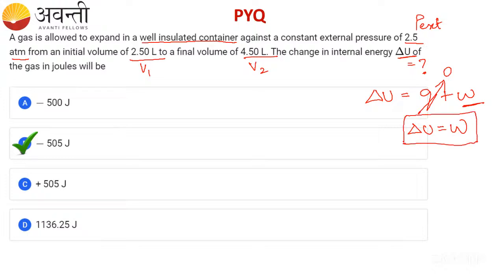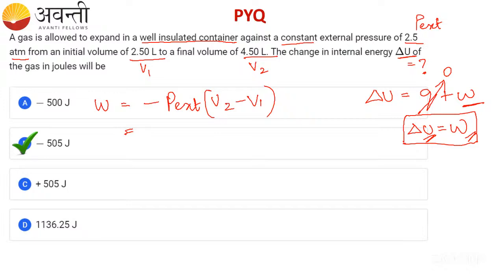So if you find out the W value, then that will be equal to delta U, which will be the answer for this question. So now what is the formula to find out the work done? The same formula, minus P external, because the external pressure is constant. So W equals minus P external times V2 minus V1. So substitute all the values.